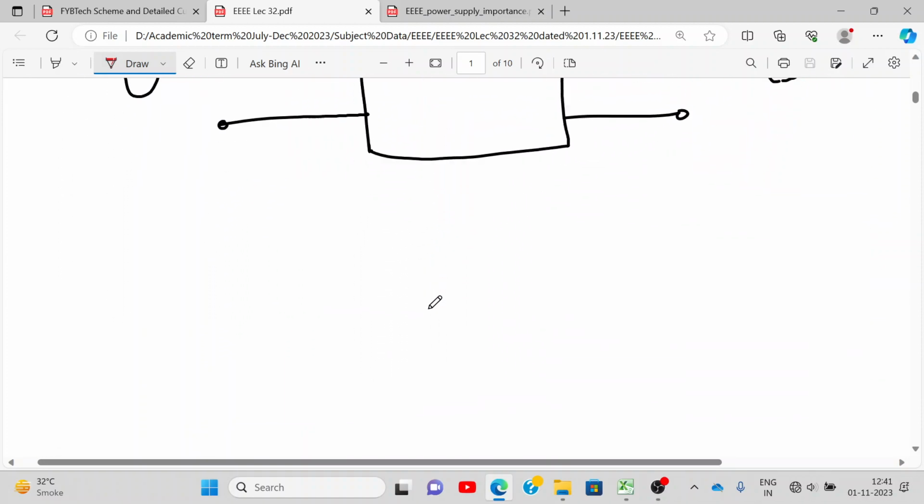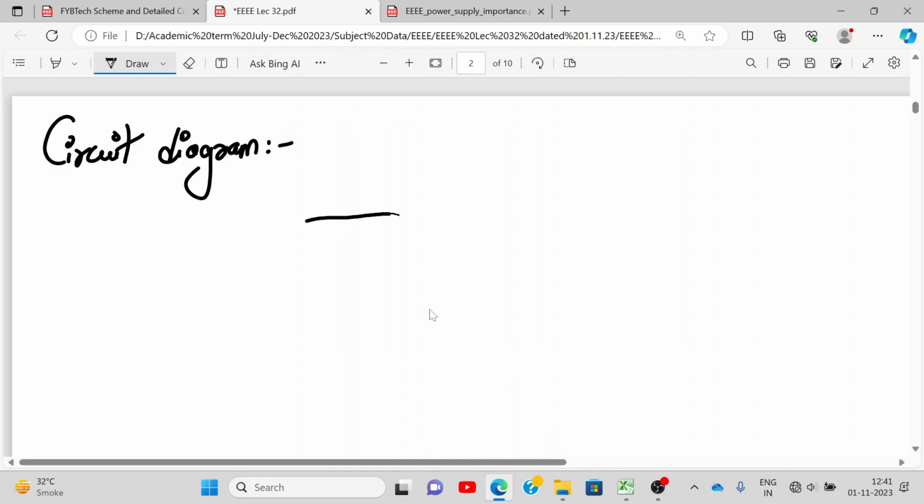All right. Now let's draw the circuit diagram of it. So first is my circuit diagram. Now you have to show the circuit diagram in terms of your transformer, and then you will be connecting a step up or step down transformer. Step down. The number of turns is less over here.